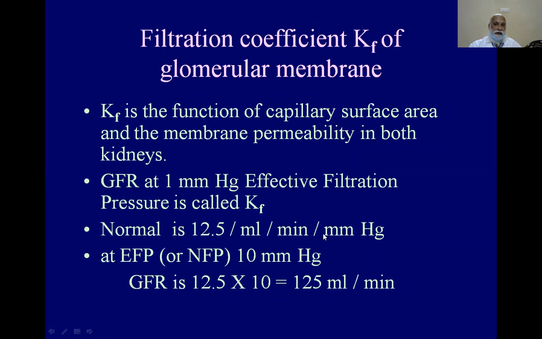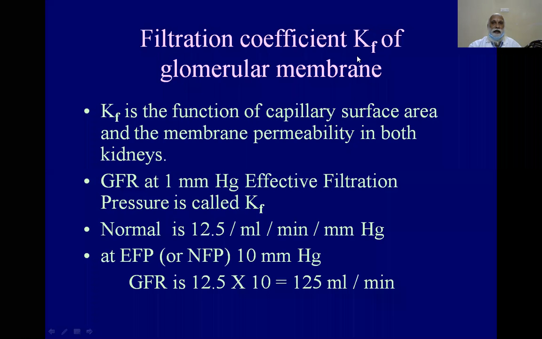The net filtration pressure that we calculated earlier is 10 millimeters, so 12.5 multiplied by 10 is 125 ml. Or when you take the GFR and divide by the net filtration pressure, you get the KF.